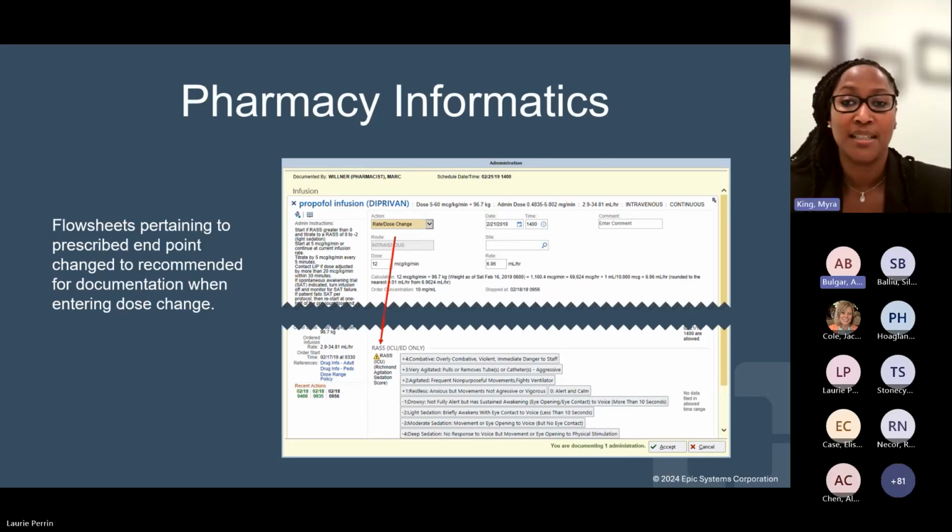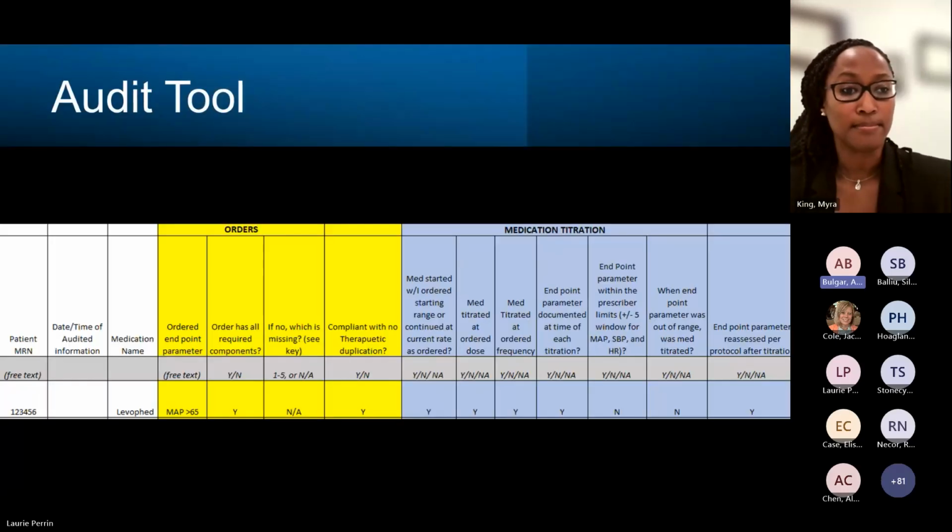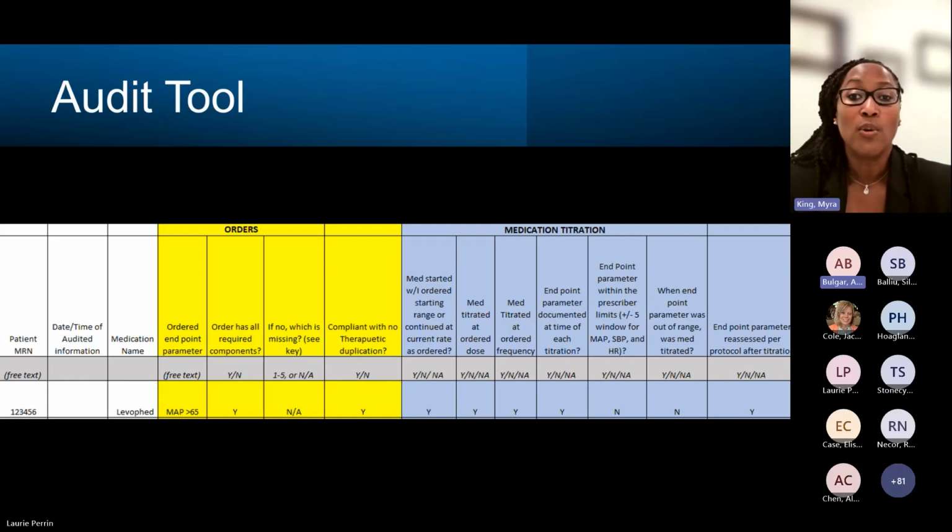Next slide, please. We developed an audit process to see how we are doing. We're doing a lot of work to provide tools for our nurses. How well are we doing? So we started with looking at our orders, and you can see in the yellow there questions as it relates to all of the required parameters for orders being present.